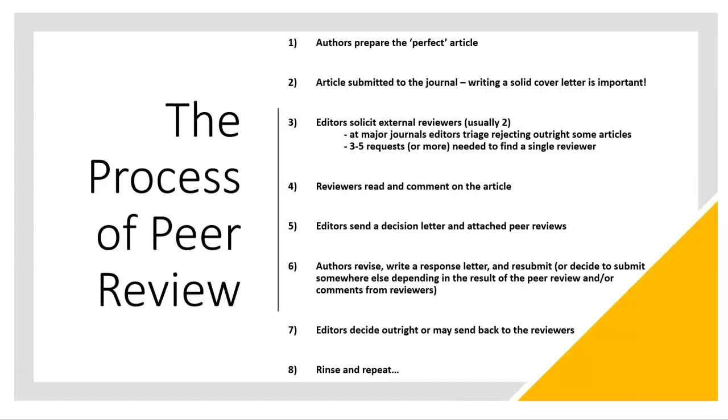Then reviewers provide their review, and the editors send a decision letter and attach the peer reviews. If they're blind, they don't know who you are, and you won't know who they are. More and more journals, as I said earlier, are starting not just to make the review process open, so the people reviewing know who you and your team are and you know who they are, but even to publish in the journal who reviewed the article.